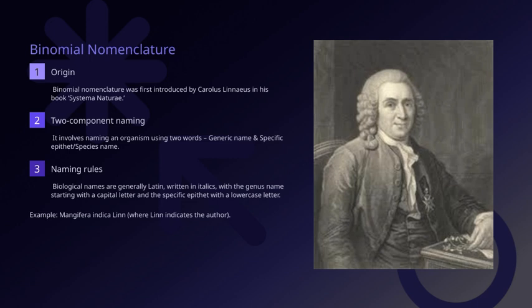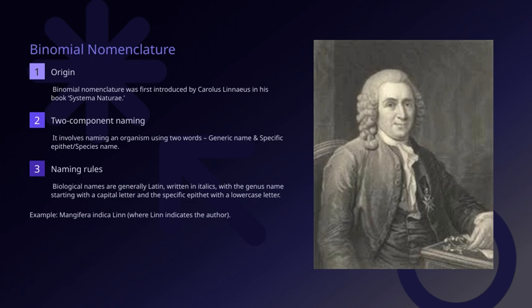Now, moving on to the core concept of naming rules, it involves giving an organism a name made up of two parts, the genus name and the species name, also known as the specific epithet. This two-component system is called binomial nomenclature.